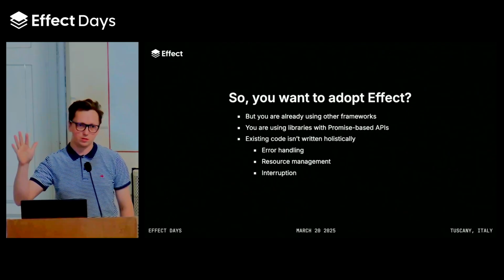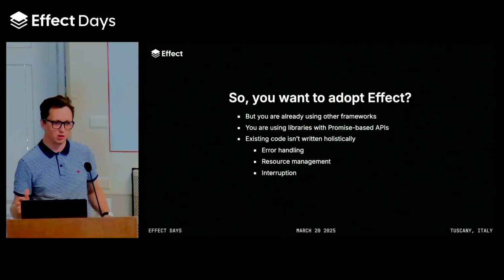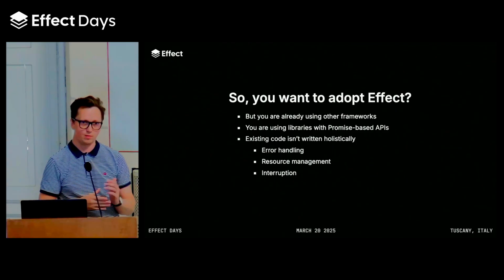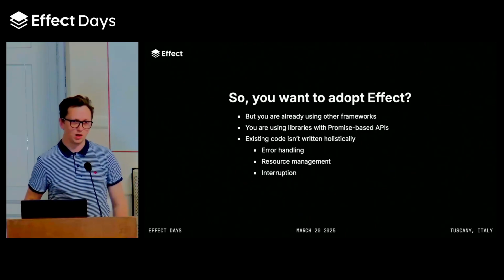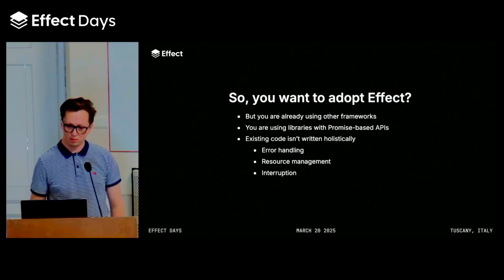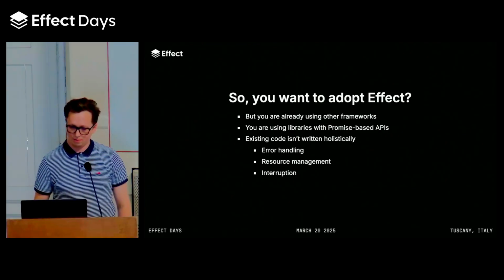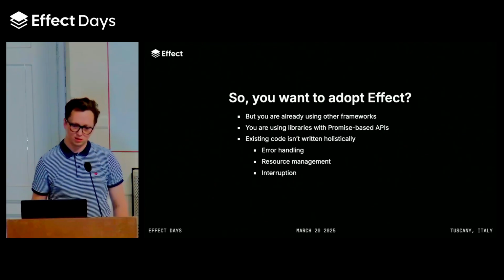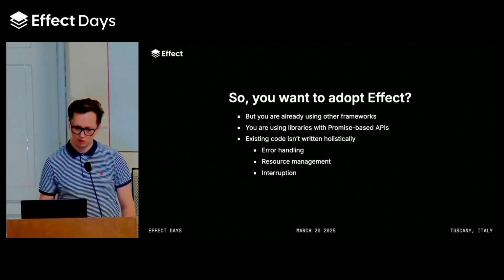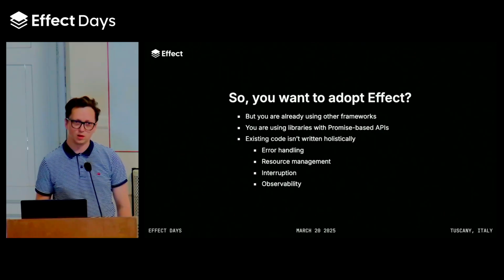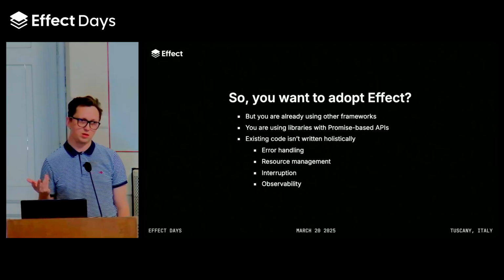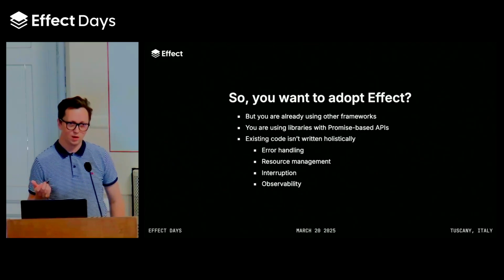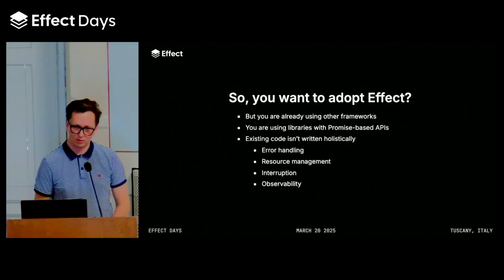In JavaScript, a lot of APIs out there have an abort signal and abort controller, but it's quite tedious to use, and a lot of things don't really support it that well. That's another thing we now have to consider now that we are adopting Effect, and observability. OTel has released libraries for observability, but they are sometimes quite painful to use.